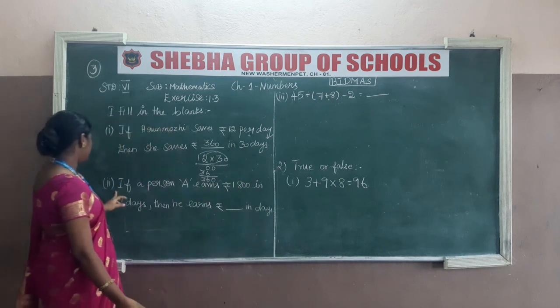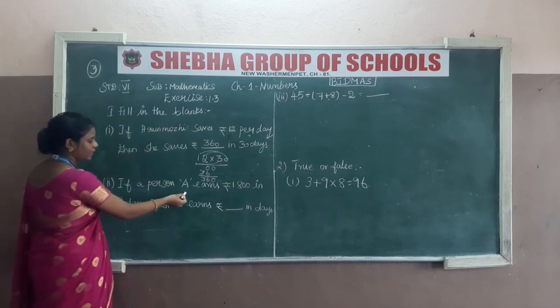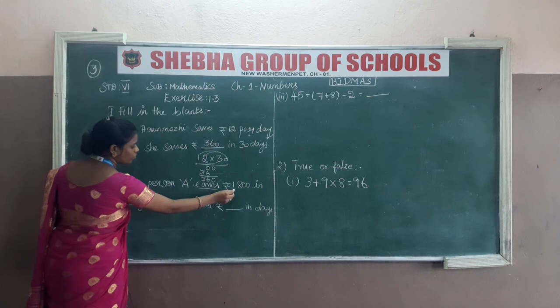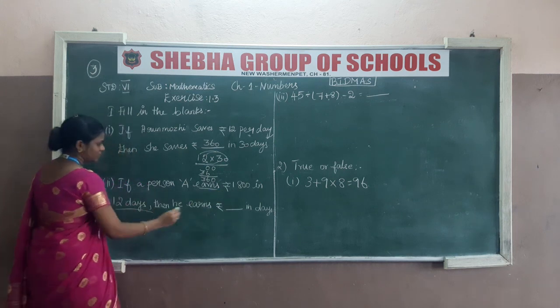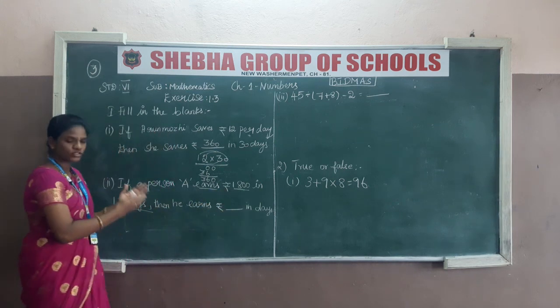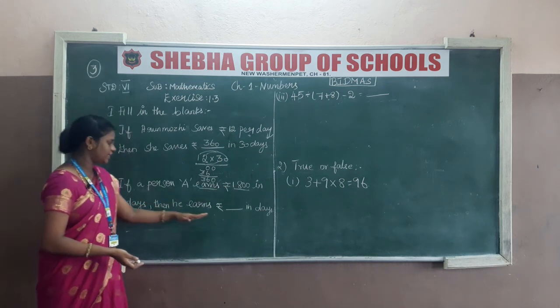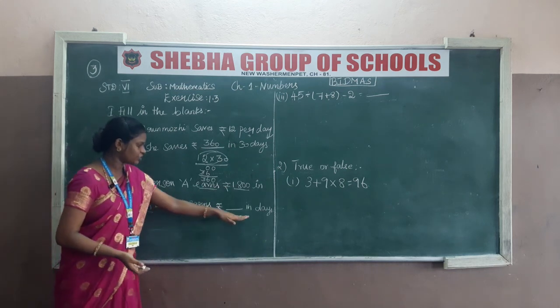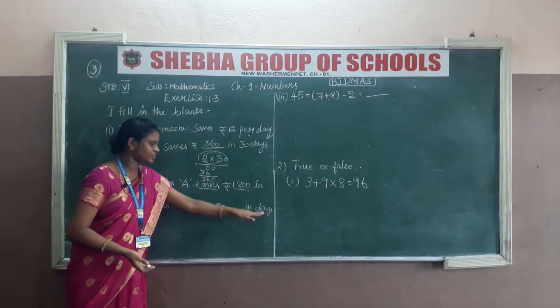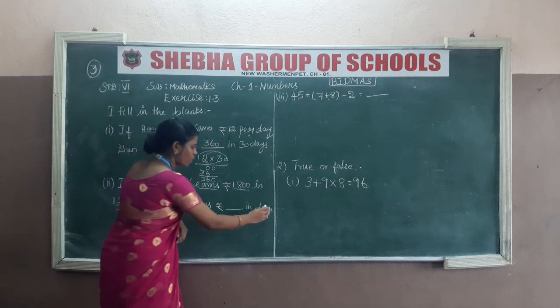Okay. Next question: if a person earns 1800 in 12 days, then he earns dash in 1 day. Dash in day means 1 day.